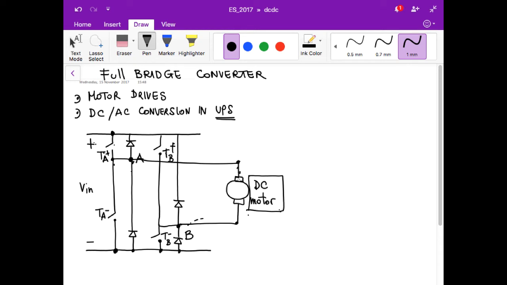The important thing to consider is that from the electrical point of view, this supply voltage goes at the terminals of an inductor. So from the electrical point of view, you have something like a resistance in series with an inductor.